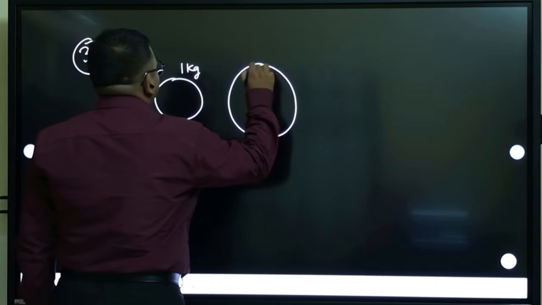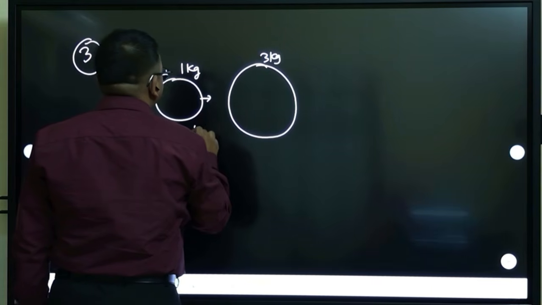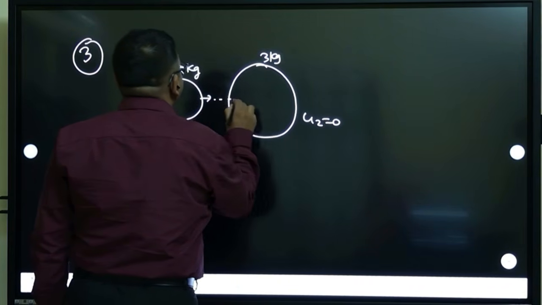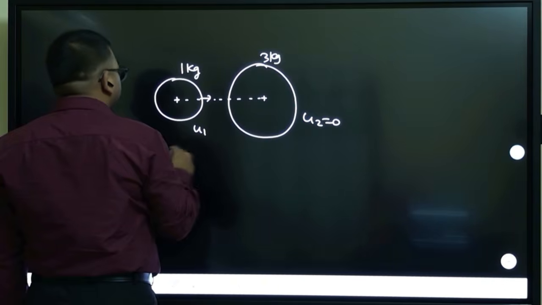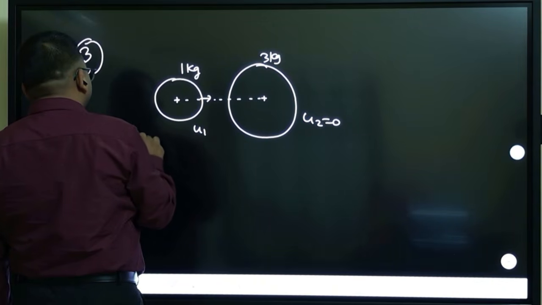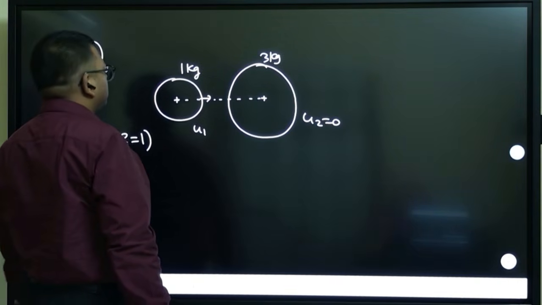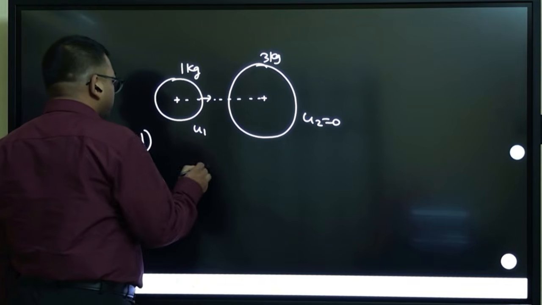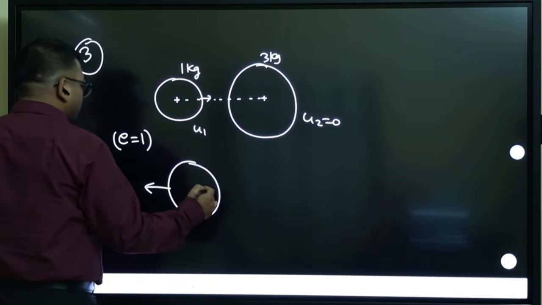So this is 3 kilogram. It's a one dimension collision only. So this is U1 and U2 is 0. Stationary head-on collision is happening. Then E is equal to 1. Then this becomes this way.